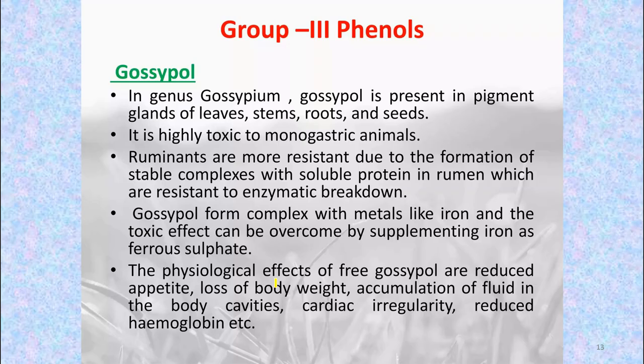These complexes with soluble protein in the rumen are resistant to enzymatic breakdown. This type of outer coat is made in such a way that the affected animal will suffer from deficiency or toxicity of certain substances. Gossypol forms complexes with metals like iron, and toxic effects also occur.